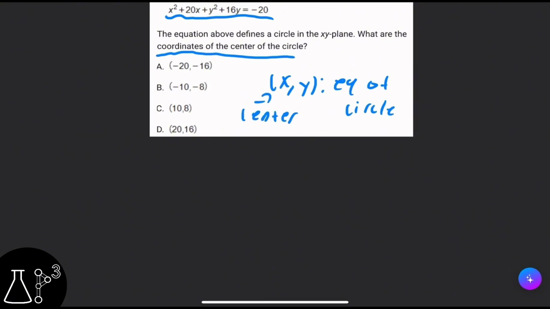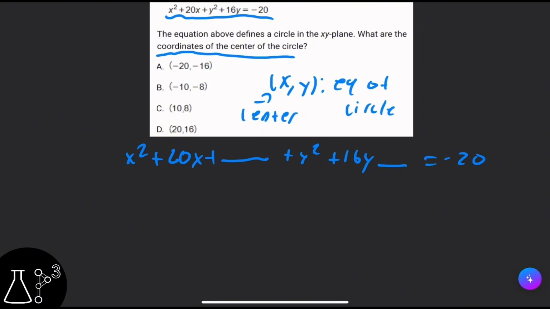So let's do the same process that we did on the other question. We would do x squared plus 20x plus blank plus y squared plus 16y plus blank equals negative 20. And remember, we do the blanks because we want to look for the perfect form, the condensed version of that equation.